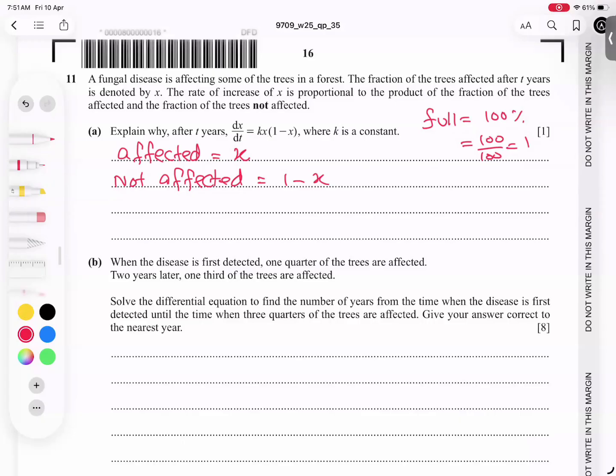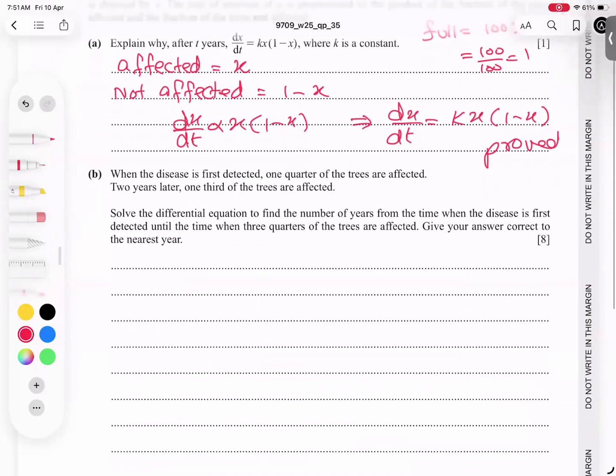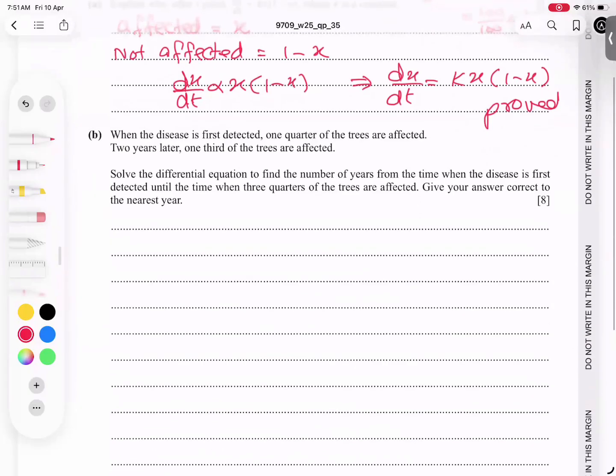And that is why we can say here dx over dt is proportional to the product of affected and unaffected. And then we can finally remove the proportional sign and write here K. And I hope the point is clear. So this is proved.